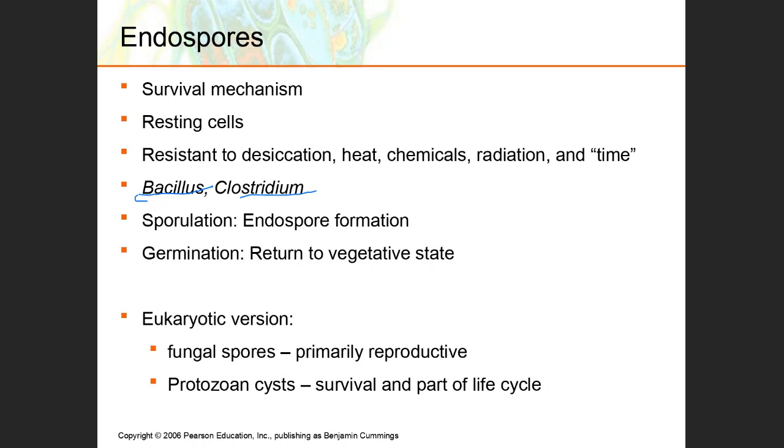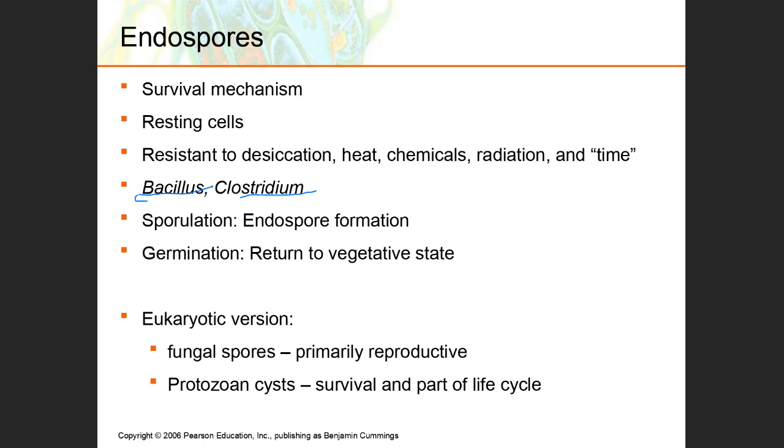Many chemicals have no effect because what chemicals do is interfere with metabolism or DNA replication or transcription or translation, something. None of that is happening in a spore. It's completely dormant. Radiation works by causing so much damage to DNA that when the cell tries to replicate and divide, it can't.